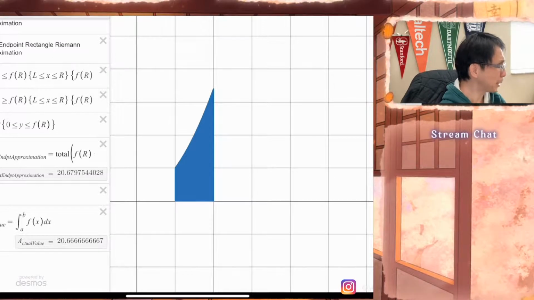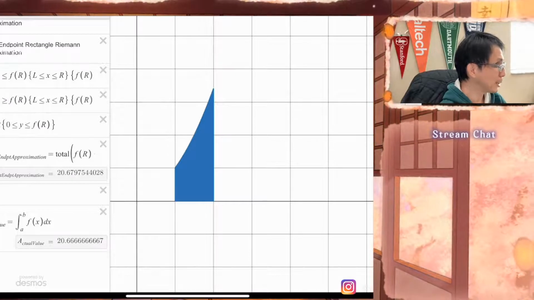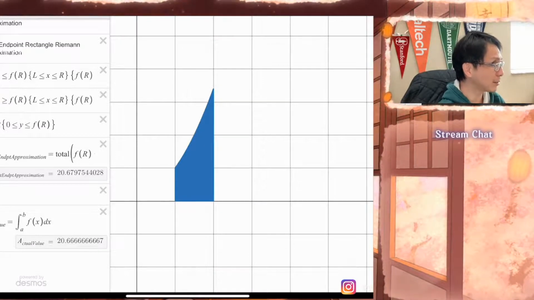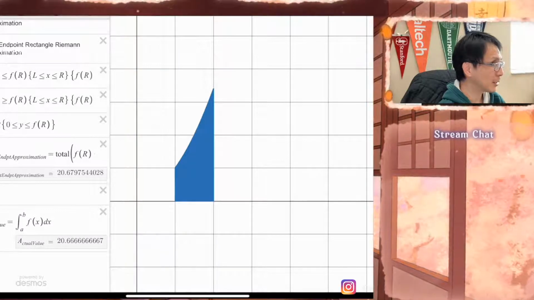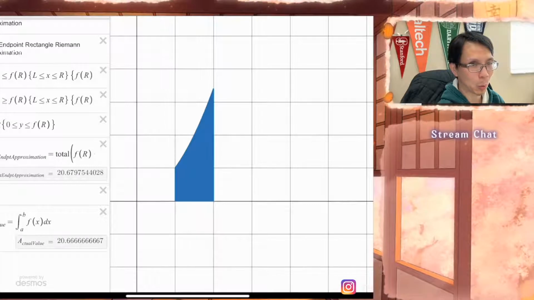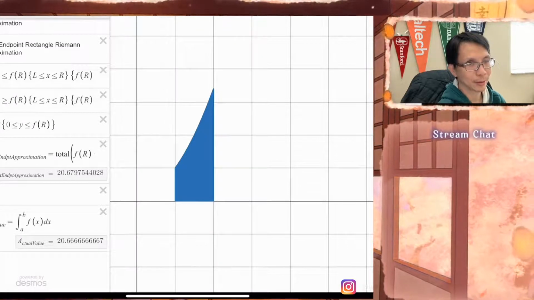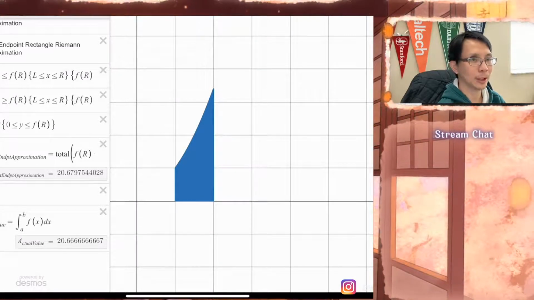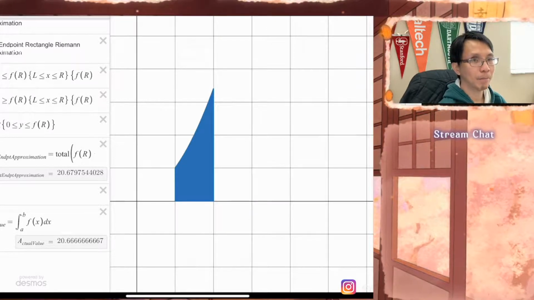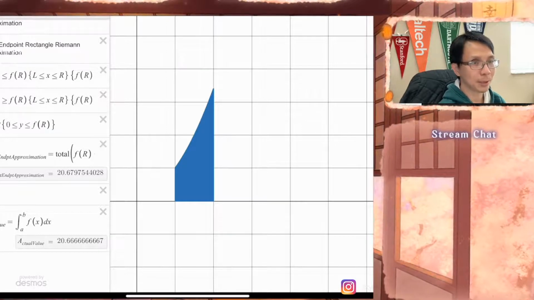I would say it's pretty good. You're going to say, how accurate is it? It's pretty accurate. It's only about 1/100th, maybe 200 apart. And that's breaking into 1,000 pieces.